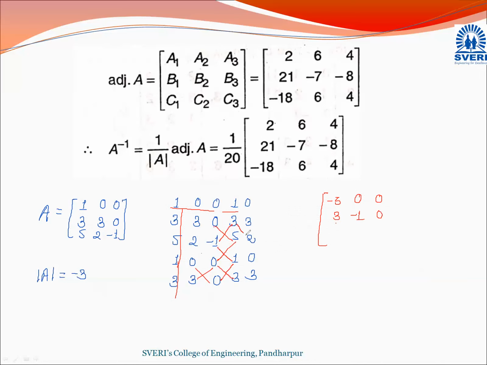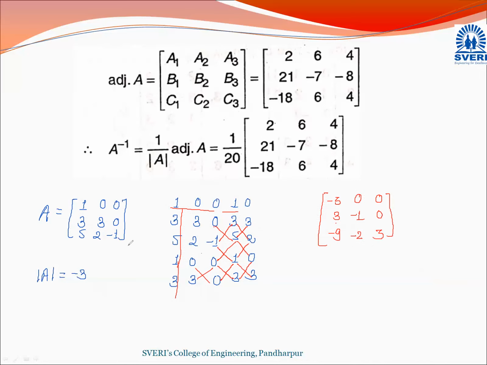Next, 3 into 2, 6. Minus 5 into 3, 15. It gives minus 9. 5 into 2, 5 into 0, 0. 2 into 1, 2. It will be minus 2. And last, 3 into 1, 3. 3 into 0, 0. It gives 3.